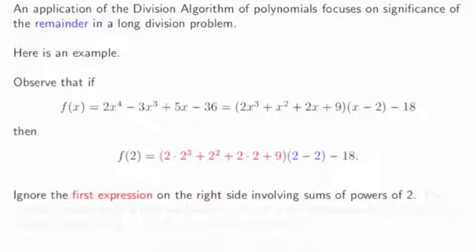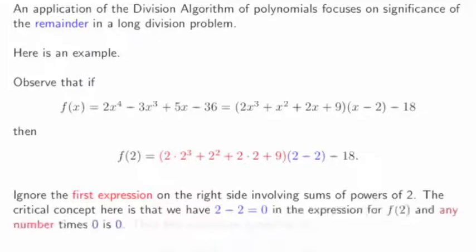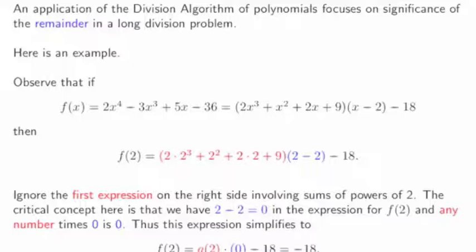Ignore that expression in red, however complicated it is, because it's multiplied by 2 minus 2 in blue, which is 0. And anything times 0 is 0, so everything cancels out except the minus 18. So if you plug in 2, in this case, you get minus 18, which is the remainder when you divide by x minus 2.